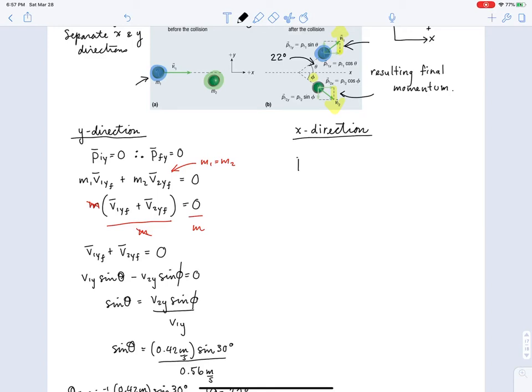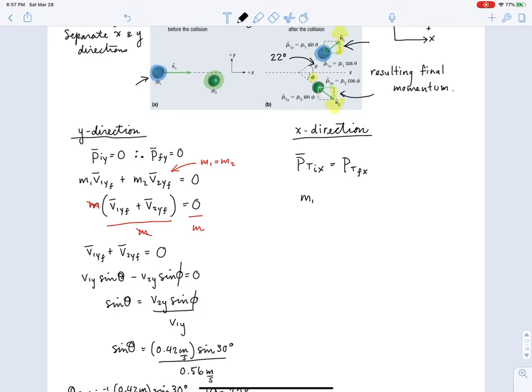We know that the total momentum in the x direction, the total initial momentum in the x direction, is equal to the total final momentum in the x direction. The only object that's moving initially is mass number 1.